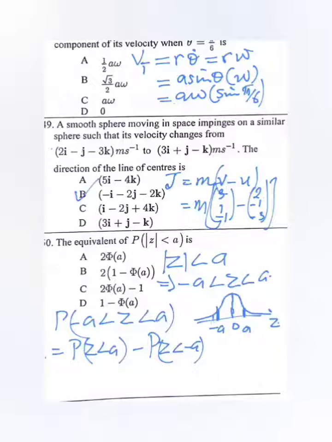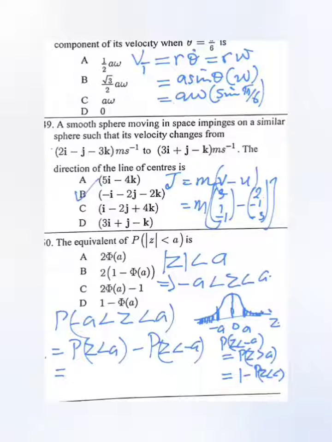So by symmetry of the graph, the area down there corresponds to the area up there, so that P of Z less than negative a is the same as P of Z greater than a, and P of Z greater than a is further 1 minus P of Z less than a.